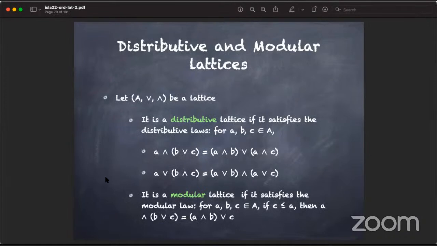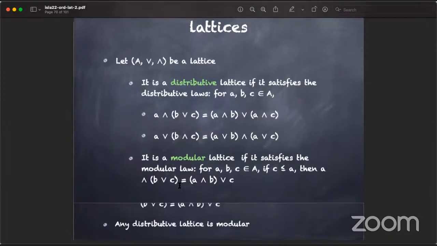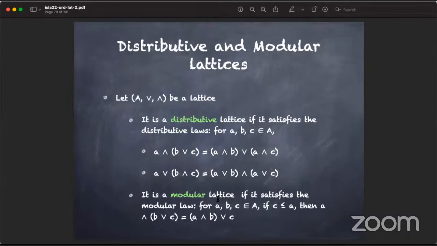It is a modular lattice if it satisfies the modular law. And what is that law? That law says that, take any A, B, C in the lattice, if C is less than or equal to A, then A meet (B join C) should be (A meet B) join C. Basically, you can change this bracket interchangeably.